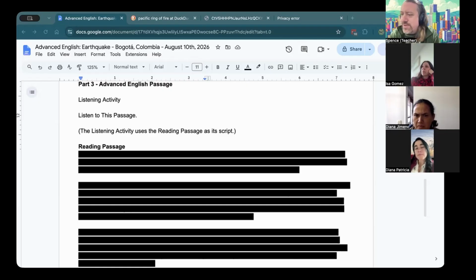Authorities scrambled to evacuate residents from unstable structures while search and rescue teams combed through the wreckage for survivors. The national government swiftly declared a state of emergency, unlocking funds and clearing the way for international humanitarian aid to reach the hardest hit communities.